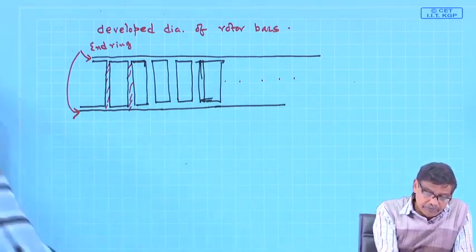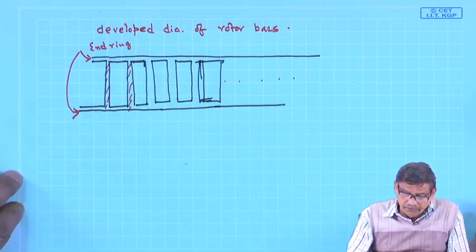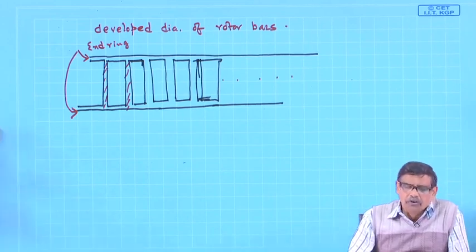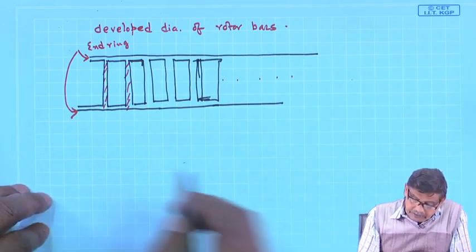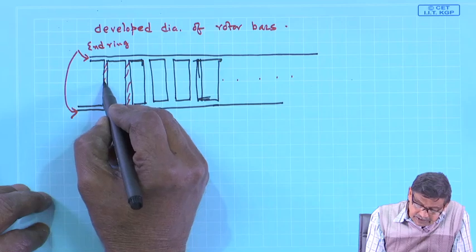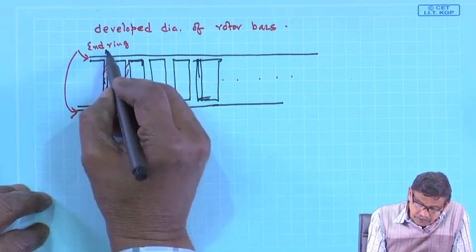Now, suppose number of stator poles is 2 pole or 4 pole, whatever it is. Suppose this conductor is under the center of the north pole.